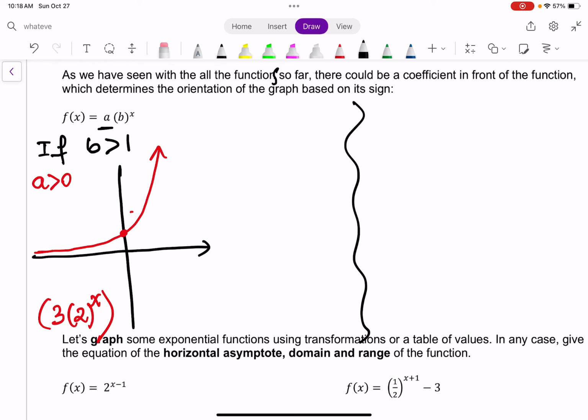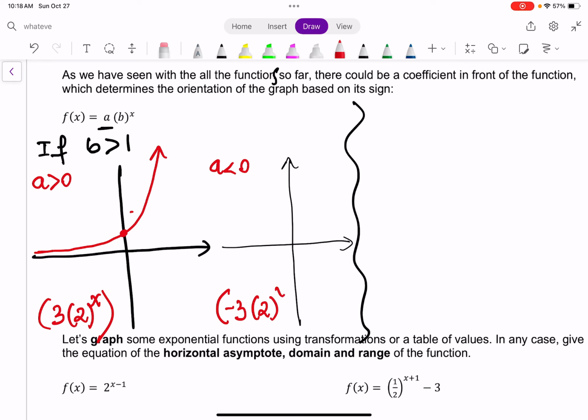However, if you multiply your function by something that is less than 0, so for example, negative 3 times 2 to the x, your graph here has to reflect about the x-axis.